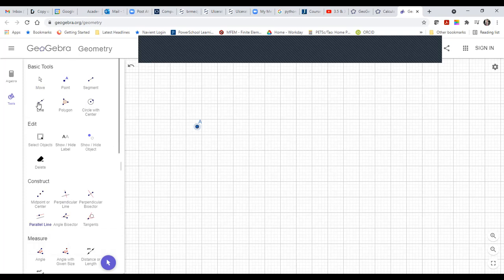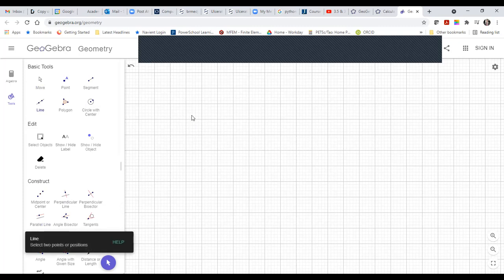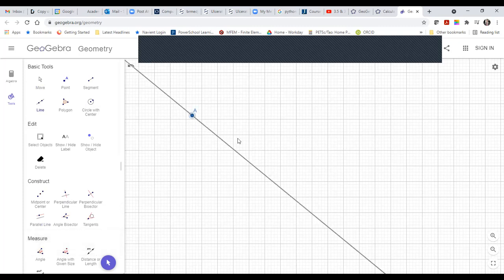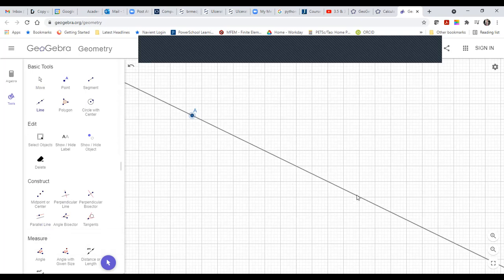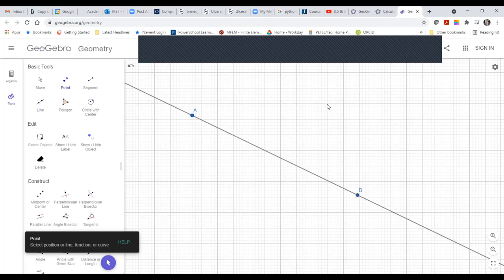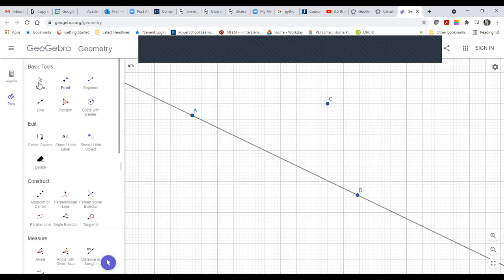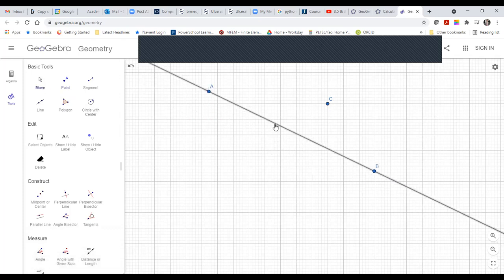So you create a line first. And then you can create a point here. And then you want to draw, you can move this closer to there.